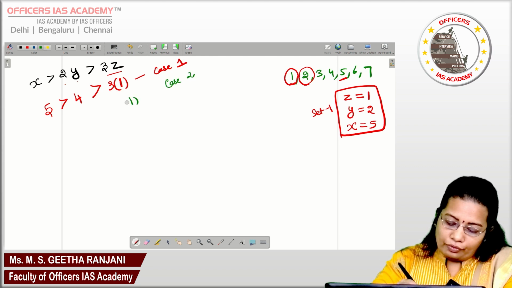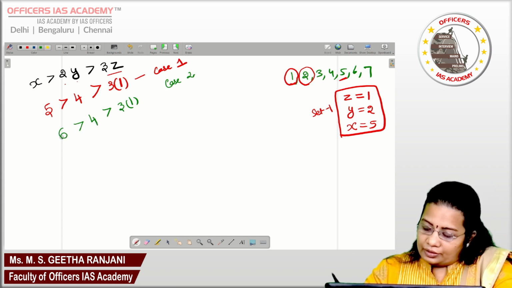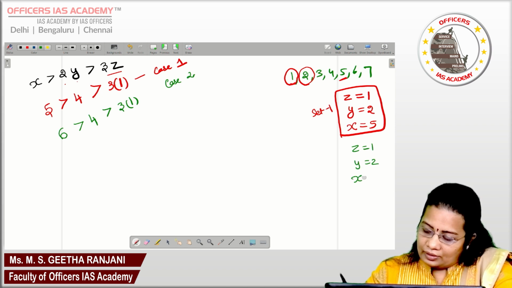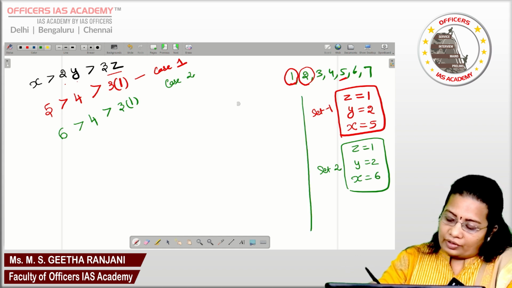The same 1 for z and the same 2 for y. I can change only the value for x. So z is 1, y is 2, x is 6. So this is set 2. The next set I can make, set 3.